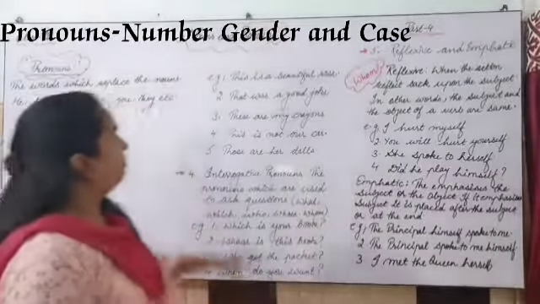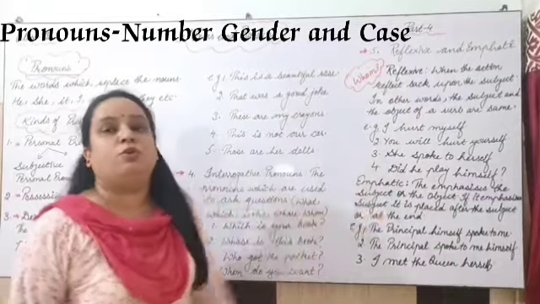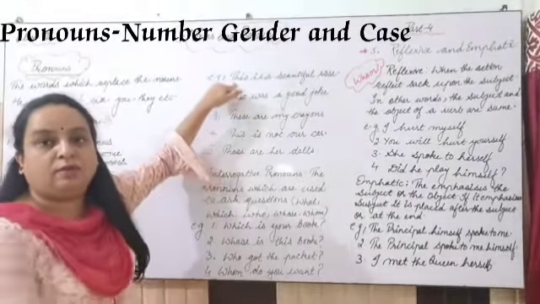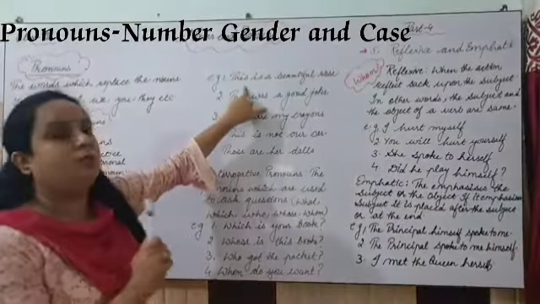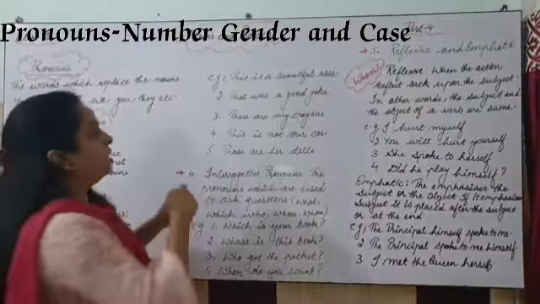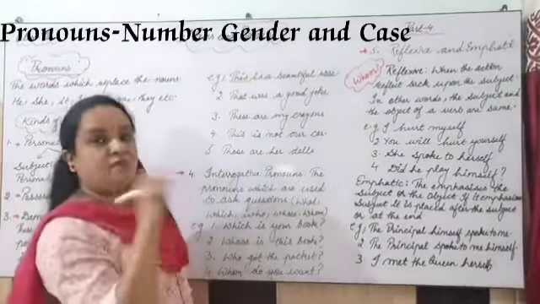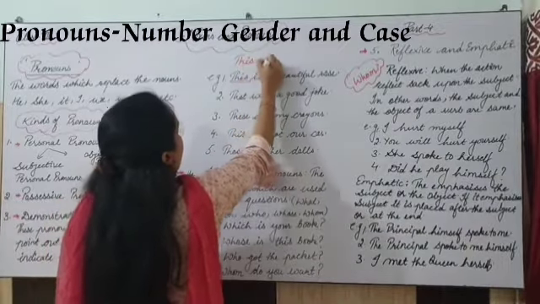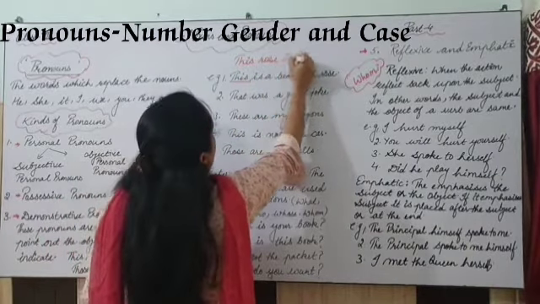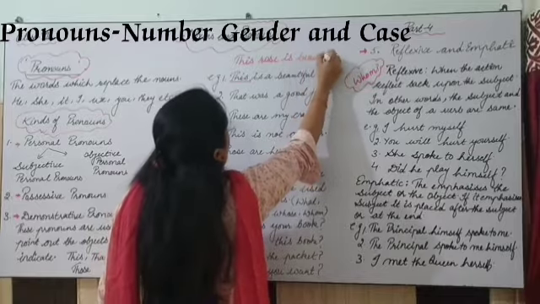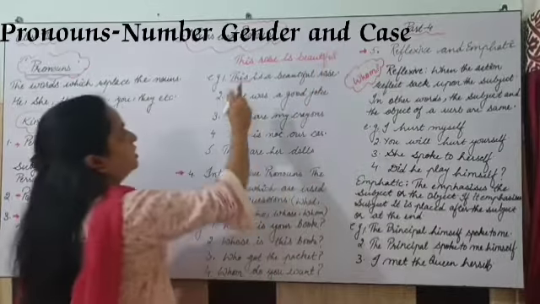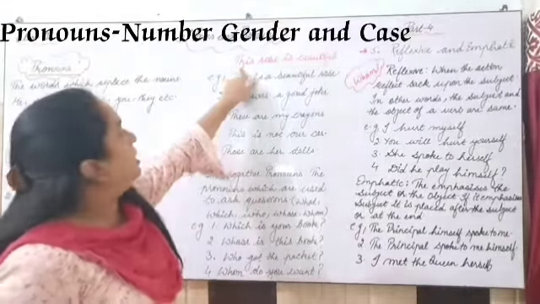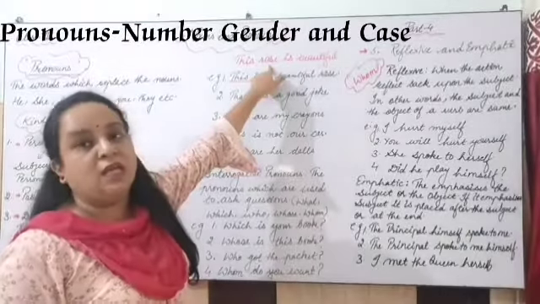Now let's see with the help of examples. This is a beautiful rose. Here when we are talking about demonstrative, in this is a beautiful rose, this is working as a pronoun. But if I write the sentence like this rose is beautiful, in this case this is not working as a pronoun, because here this is followed by a noun.